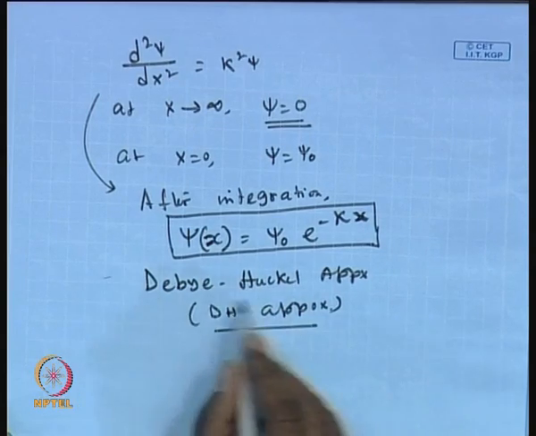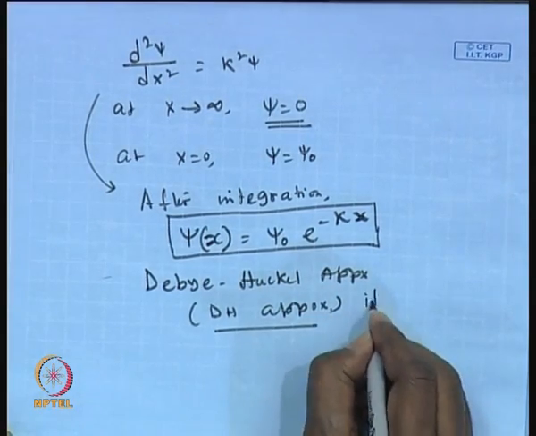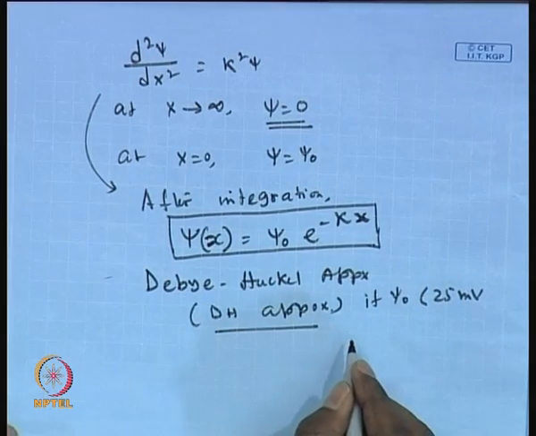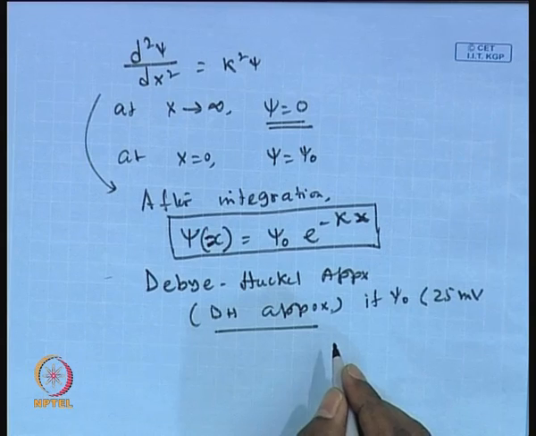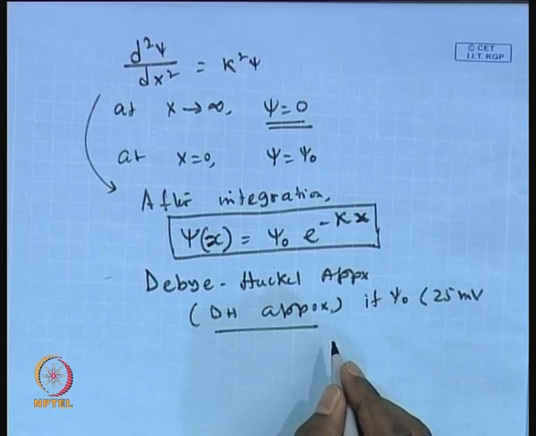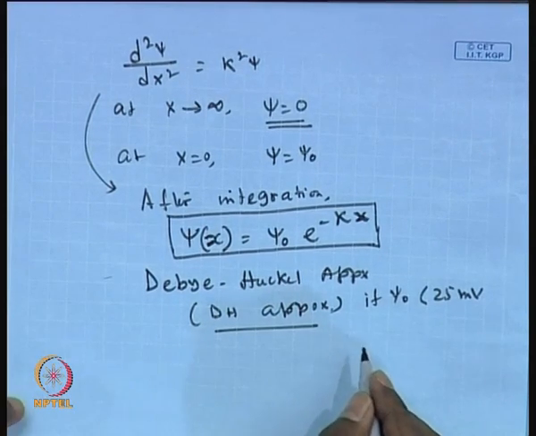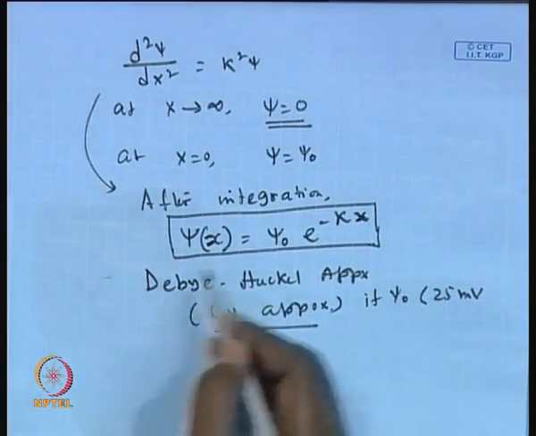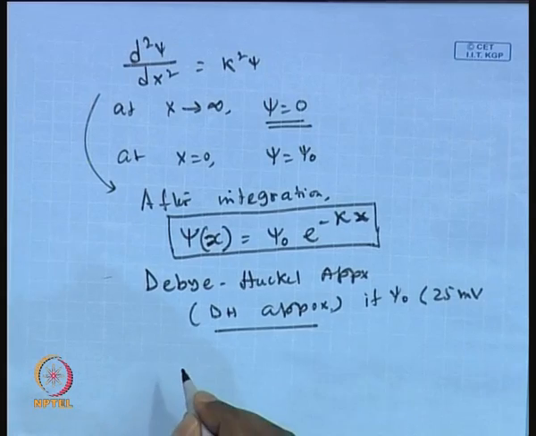Of course, the Debye-Hückel approximation is valid if your psi naught is less than 25 millivolt. If your surface has a high zeta potential or high surface potential, beyond, let us say, 50, 60 or 80 millivolt, you cannot use this analysis. So, there is a shortcoming of this analysis.